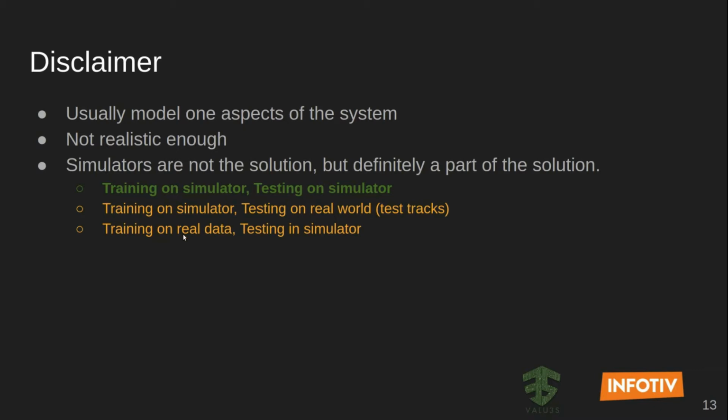The same goes for training it on real data and testing it on a simulator. These are very tricky corner cases that may seem reasonable, but it's very hard to reason about them. And they are still under research. But it's something that we have to keep in mind for the future.